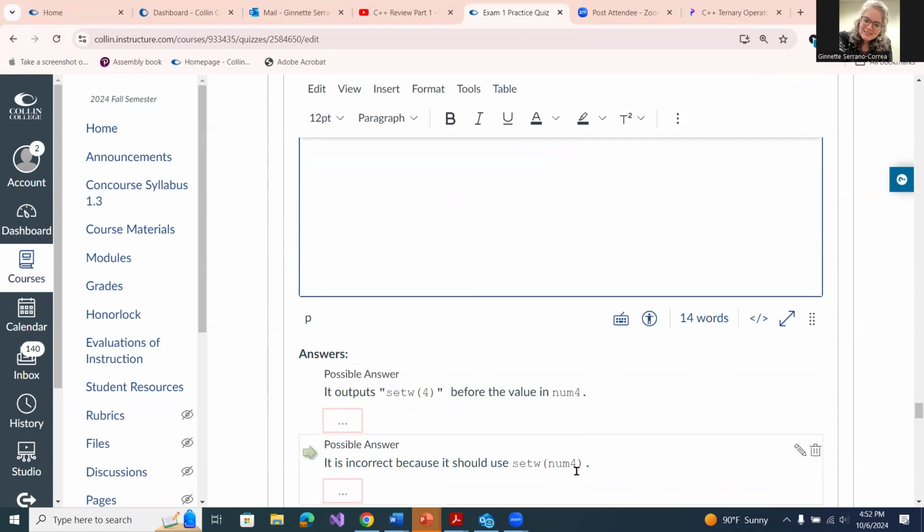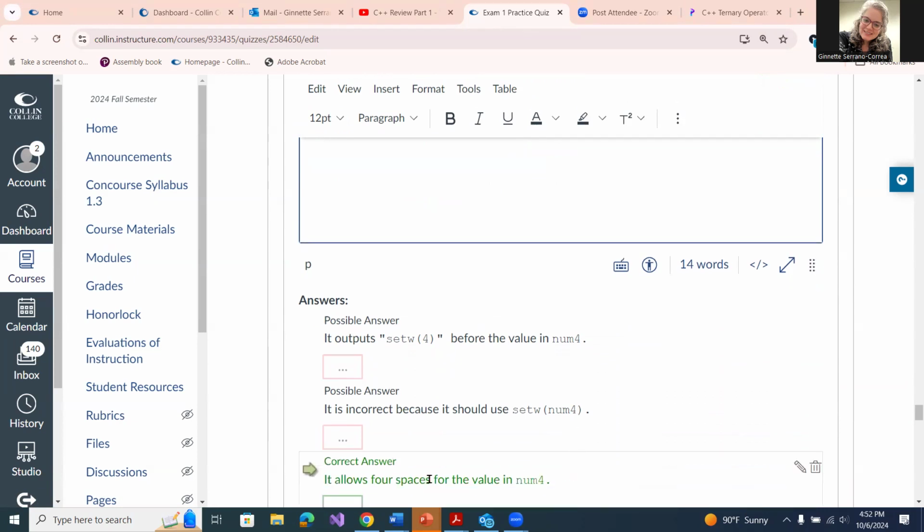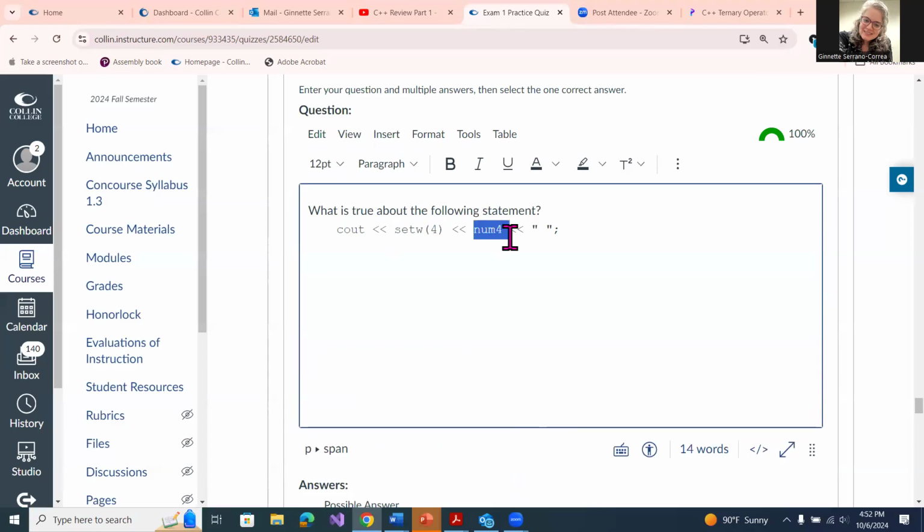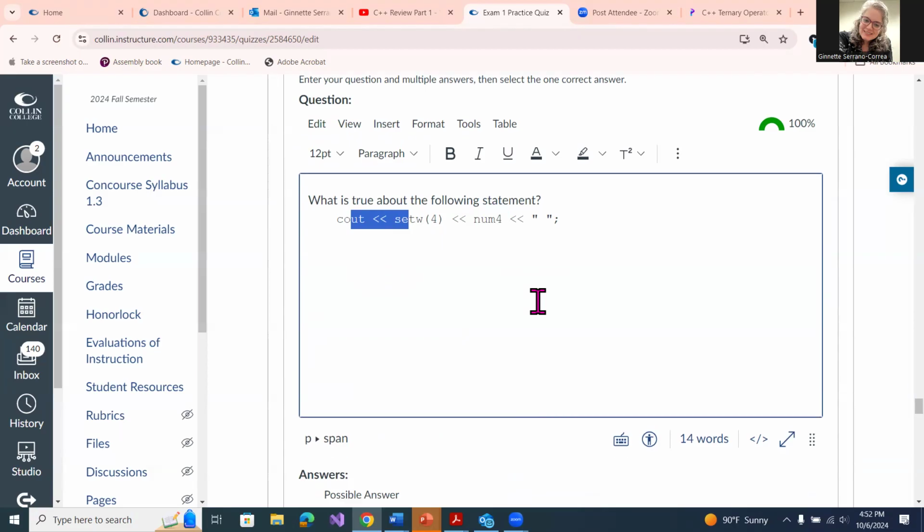No, that's incorrect. It allows 4 spaces for the value in num4. Yes, that is correct. So this allows 4 spaces for this number. And if this number is too big for the 4 spaces, then that's fine. You just don't have any extra spaces at the beginning of the number.